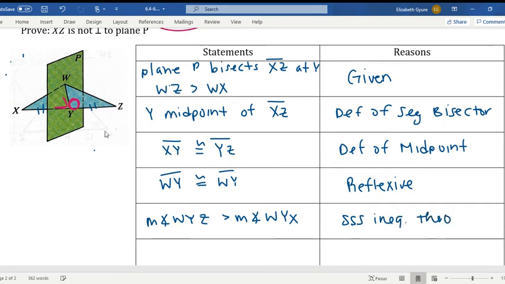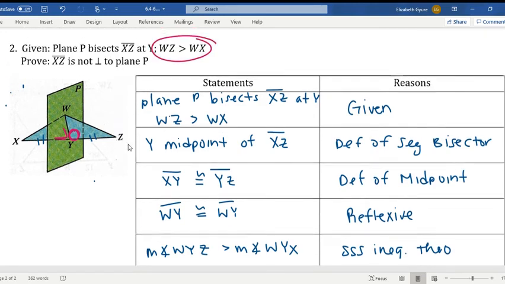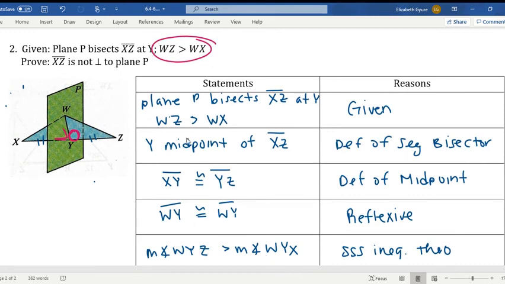And then if one angle is greater than the other, why is that going to imply that it's not perpendicular? What do we have to have if they're perpendicular? Congruent adjacent angles.